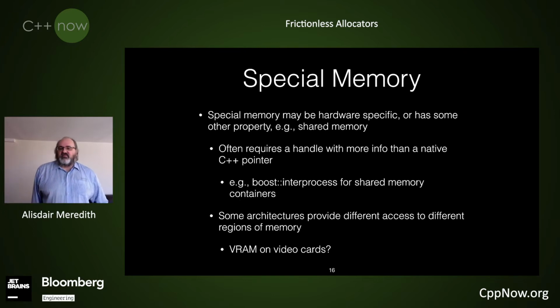Now, the other aspect that we can do with C++11 allocators is we can potentially try to address special kinds of memory. So this typically has been something like shared memory, and the Boost Interprocess library is a good example of where you might want to have shared memory allocators so that you've got a common data structure, a vector of strings or a vector of graph nodes or whatever, that is loaded ultimately into different memory regions in different processes, although it's the same data structure.